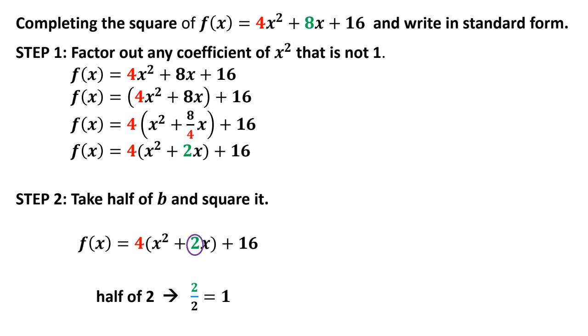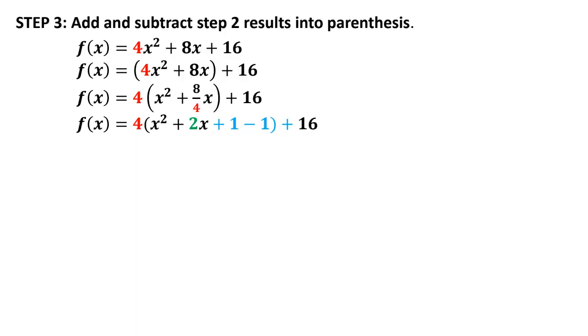So 1 squared is going to be 1. Let me repeat this step again. After you factor out your number, you're going to take half of b, in this case 2, and 2 divided by 2 is 1. Then we're going to square it. Okay, then we can go to the next step.